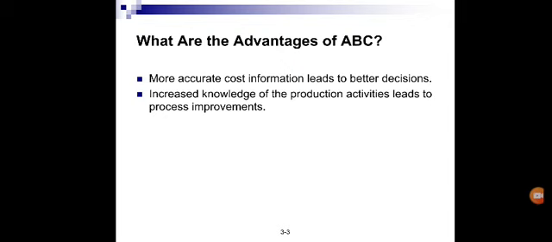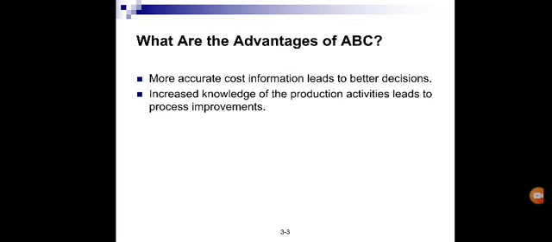Okay, let's see what the advantages of ABC are. The main advantage of using ABC compared to traditional costing is that most of the time ABC will provide more accurate cost information compared to the traditional system.